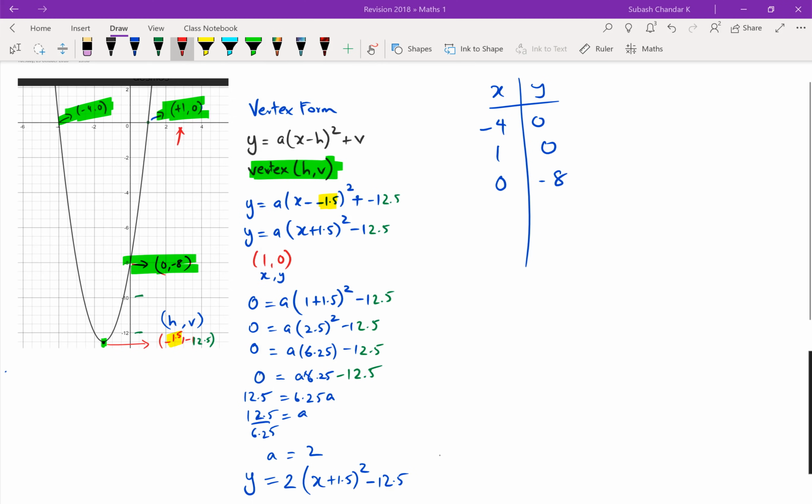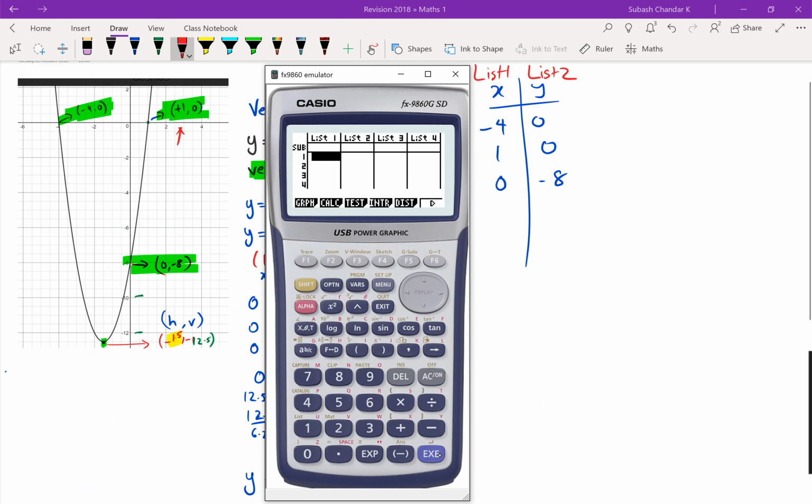Basically, in list 1, you want to put all the x values. In list 2, you want to put the y values. So, -4, 1, 0, those are all my x values. And my y values are 0, 0, and -8.